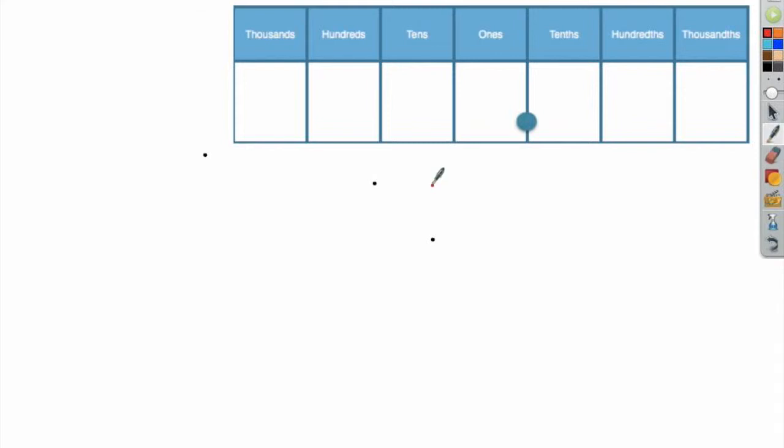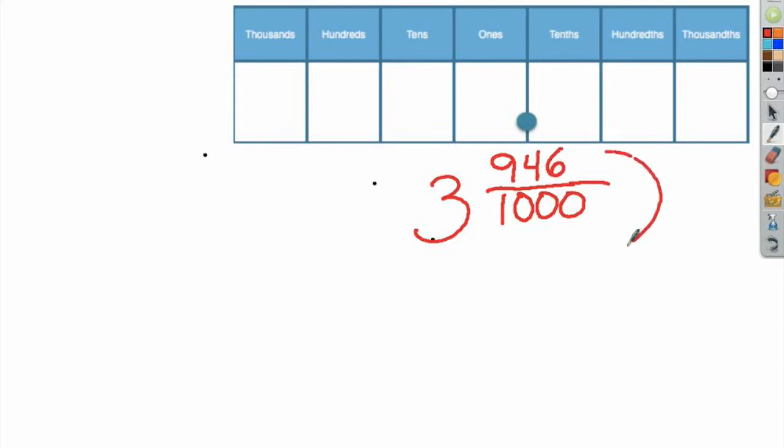I want you to attempt that number, and when I come around, I'm going to be looking for this number written in your place value chart in standard form.